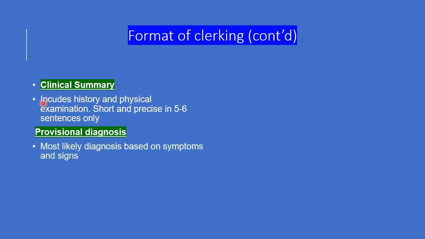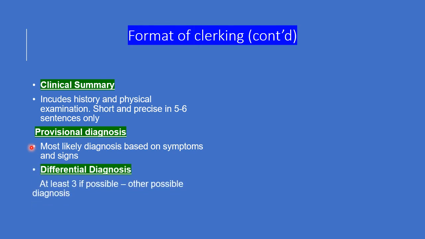From this clinical summary, you go on to provide a provisional diagnosis, which is the most likely diagnosis based on symptoms and signs in this patient. At the same time, you should also be able to give at least 3 other possible differential diagnoses for the patient.